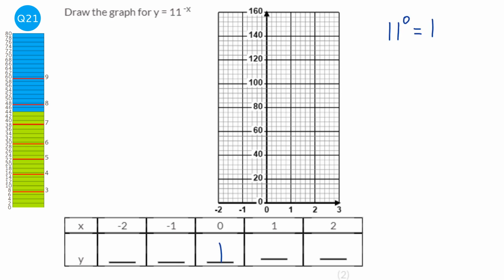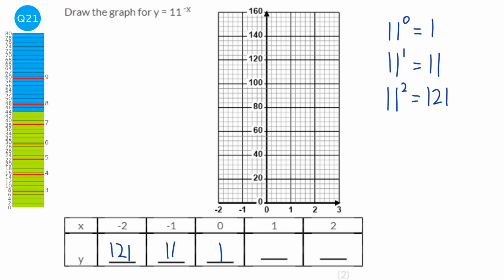And we're going to go left, so we're going to do 11 to the power of minus 1. Well, two minuses make a plus, so 11 to the power of 1 is just 11. And same with this. A minus and a minus make a plus, so it's just 11 squared, which is 121. So we've got 11 and 121.